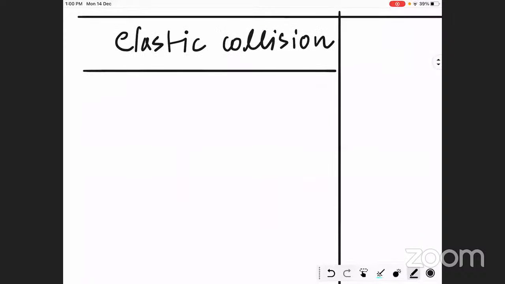Now, imagine two balls of mass m1 and m2 are moving in such a way that you can join their centers by a line. m1 has velocity u1 before collision, and m2 has velocity u2 before collision, and this picture represents the before collision situation.